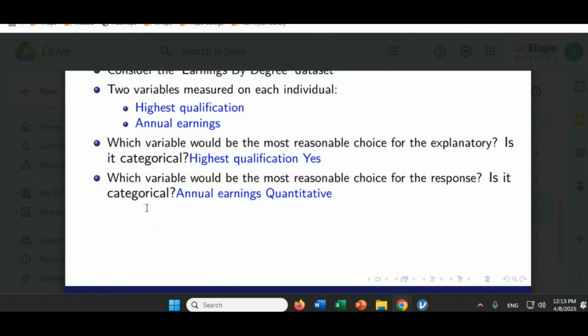Anyone have any idea of why asking your salary as a categorical sequence of ranges may have some advantages? What do you think is the advantage? Why would you do that, as opposed to asking people, tell me your salary in a quantitative way?